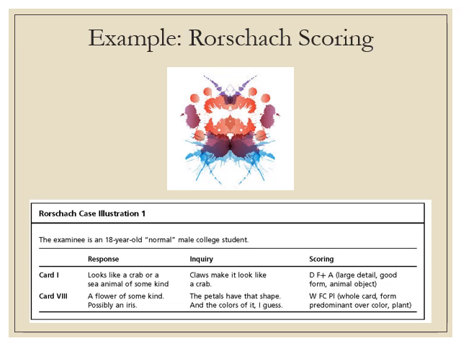In the first card, the individual responded to large details, the good form, like the whole form, and they responded that it was an animal, which in the Exner scoring system means something compared to seeing an inanimate object. For card 8, the respondent was responding again to the whole card, the form over the color. This card was a card with color, and they were responding predominantly to the form, less to the color, and they saw a plant, which means something in the Exner system.